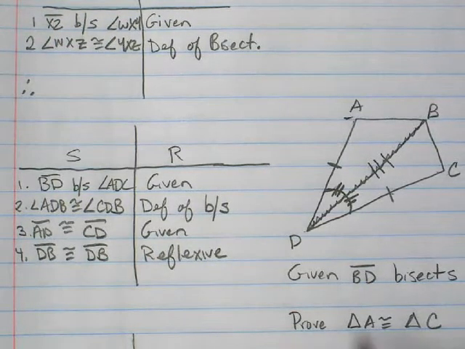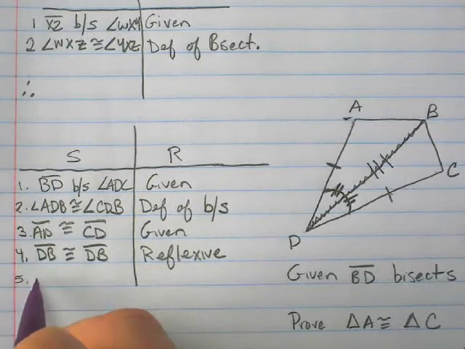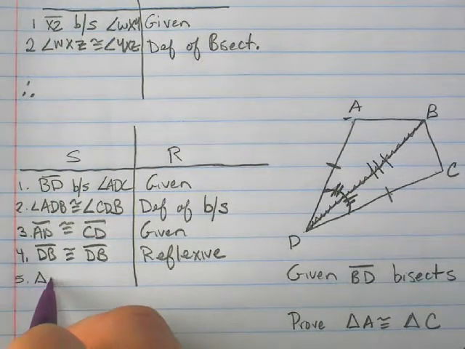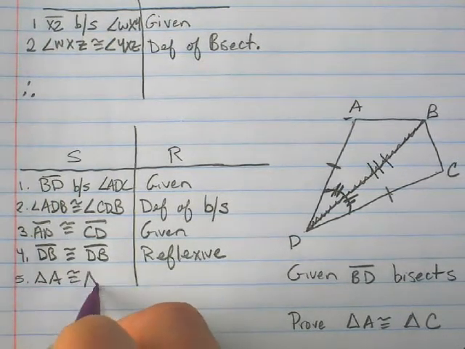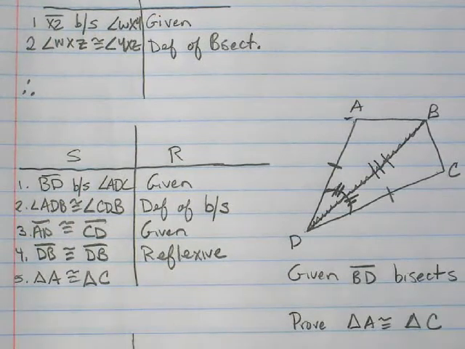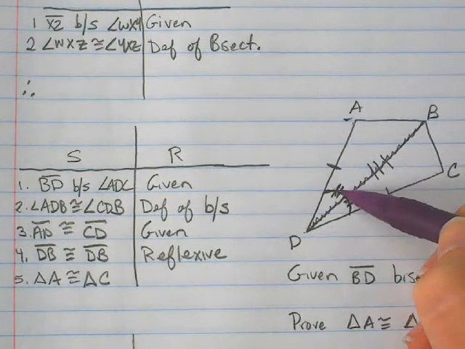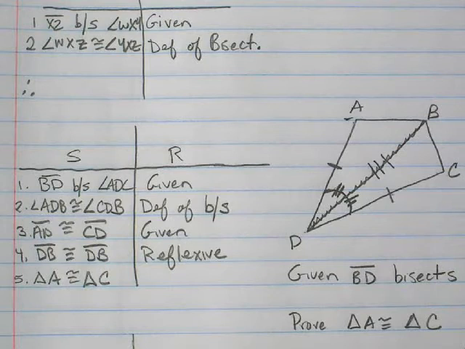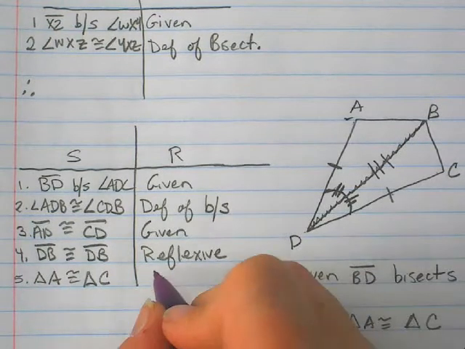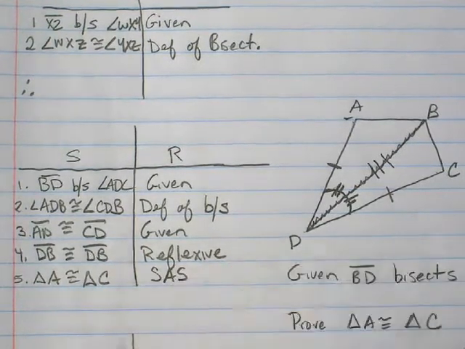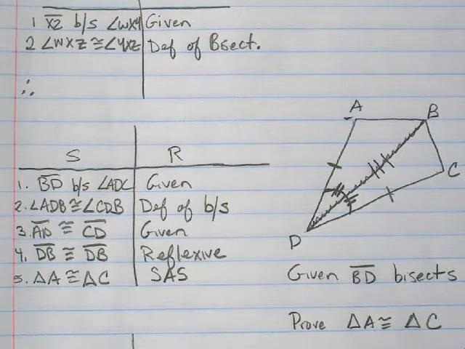No, I have to prove something. So I'm going to prove triangle A is congruent to triangle C, and that is by blank, blank, blank. Very good. Have all those notes ready for next class. Remember, you can use your notes on your warm-up.